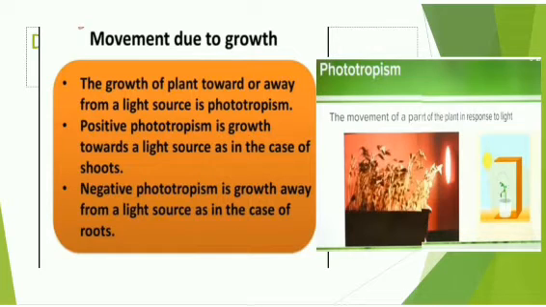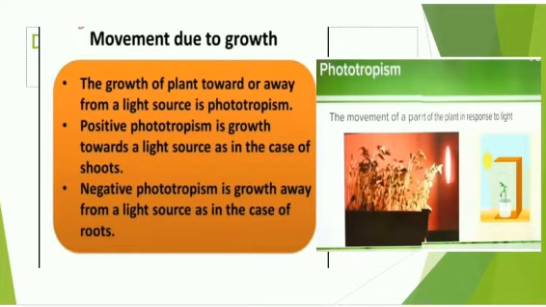See here, this is about phototropism. The growth of a plant toward or away from a light source is phototropism. Positive phototropism is growth towards a light source, as in the case of shoots. Usually stems grow towards light, so that is called positive phototropism.